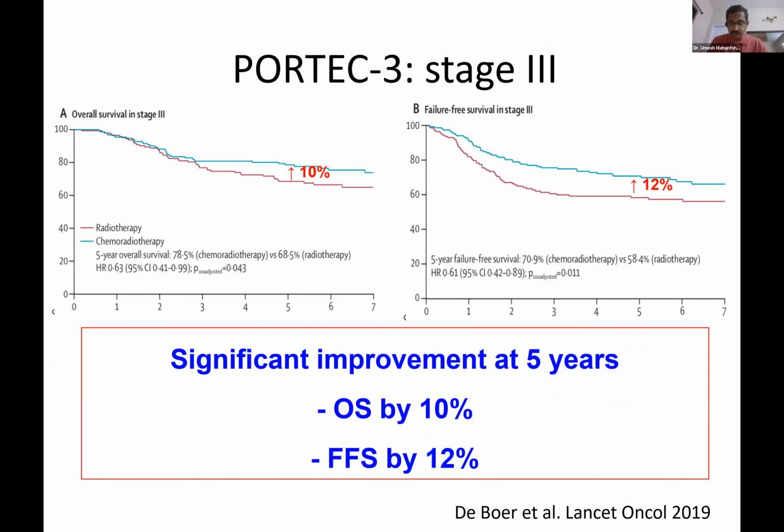What is also striking is that in this trial, for the first time, they showed that this chemoradiation protocol is definitely better for stage 3 patients with no residual disease, and the magnitude of benefit is 10% in overall survival and 12% in failure-free survival, with a p-value significant in both the curves.